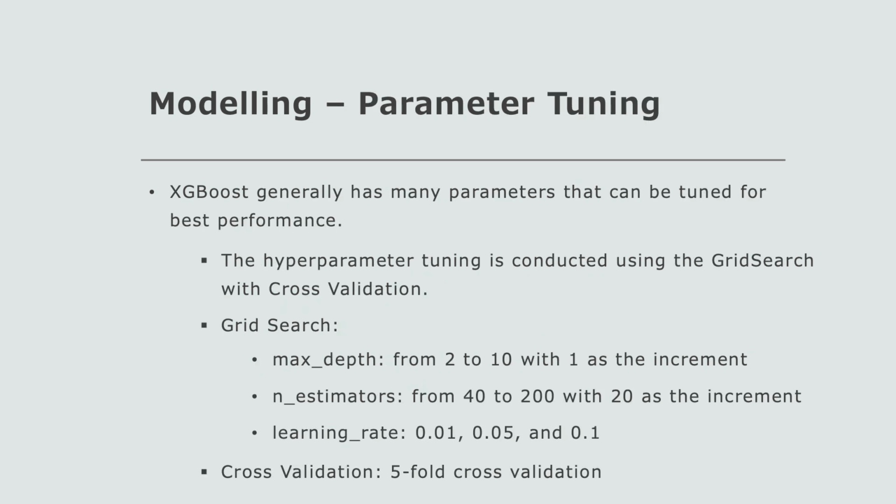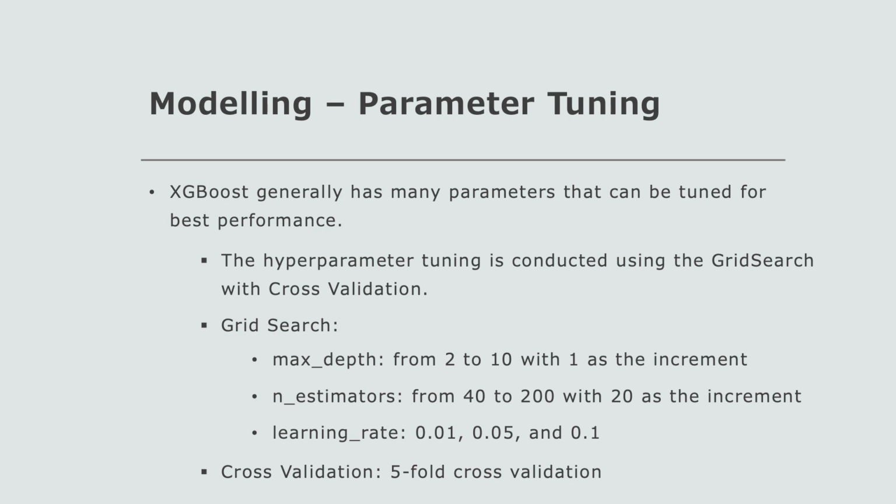XGBoost generally has many parameters that can be tuned for best performance. Here, the tuning was conducted using grid search with cross-validation for the hyperparameter tuning. Below, I listed the parameters for the grid search. First one, I had max depth. It's from 2 to 10 with 1 as the increment.